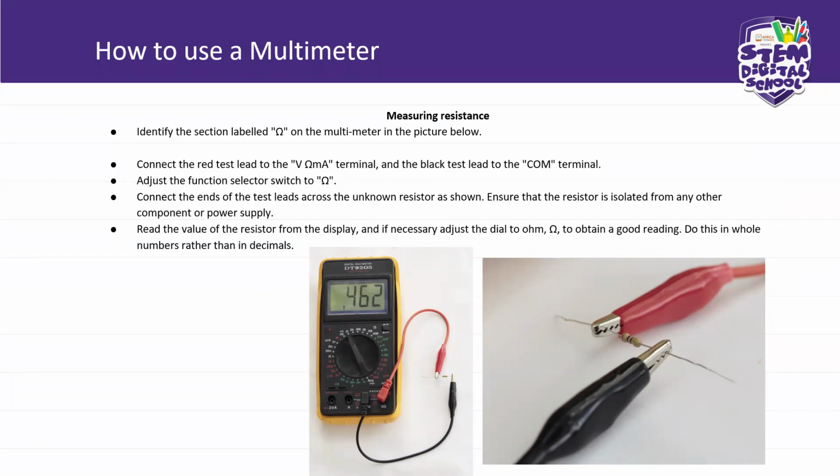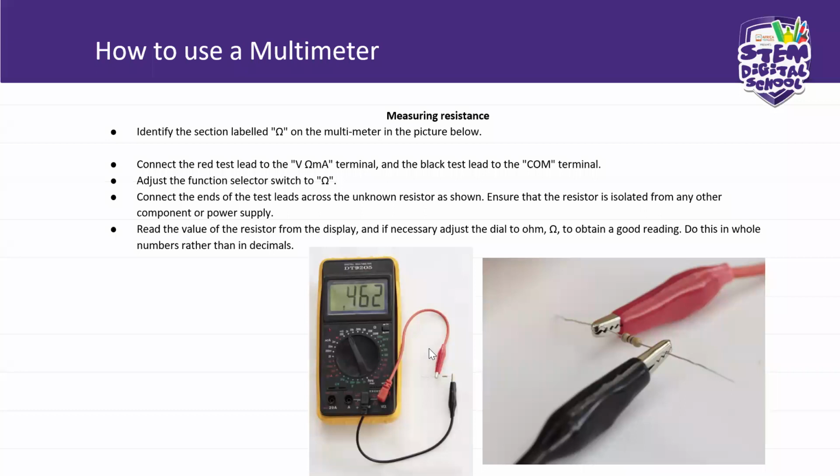An ammeter, and what else? And a multimeter. You can use an ammeter to measure current. You can also use the multimeter to measure current.